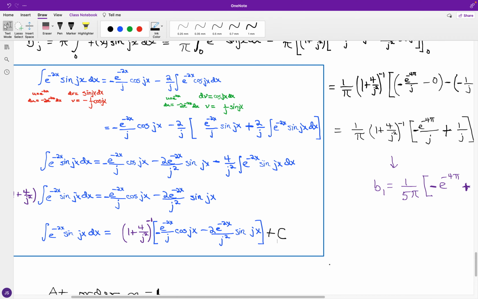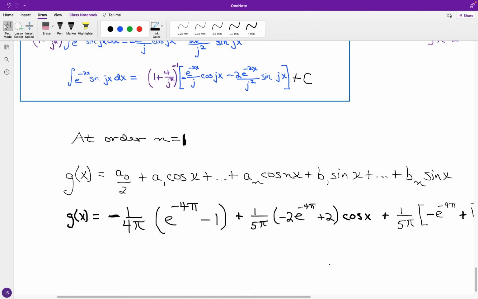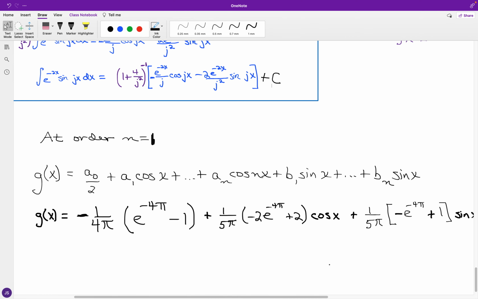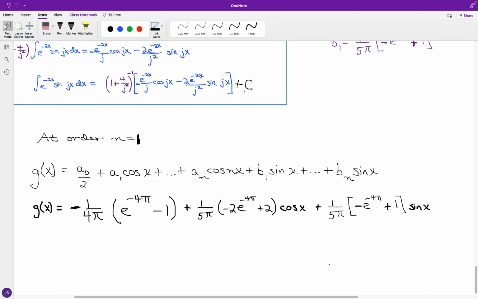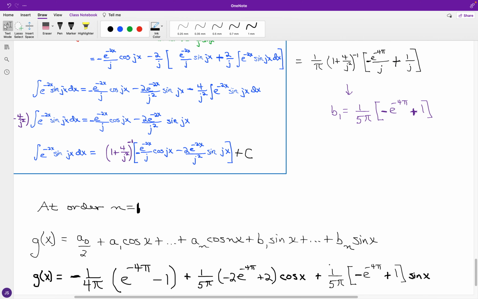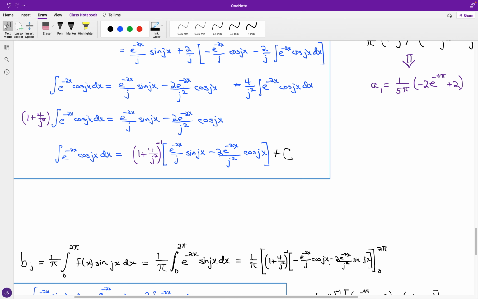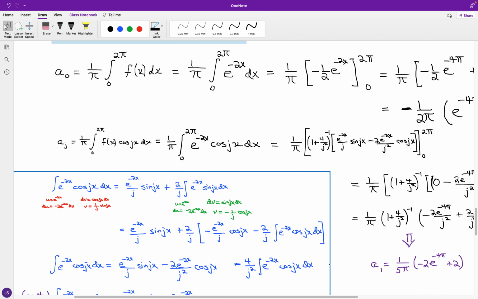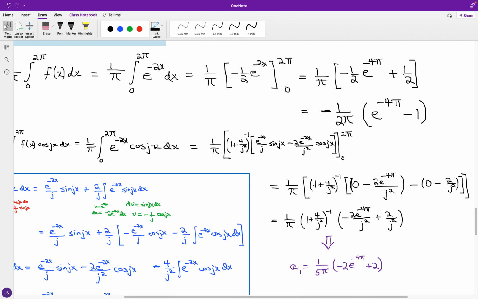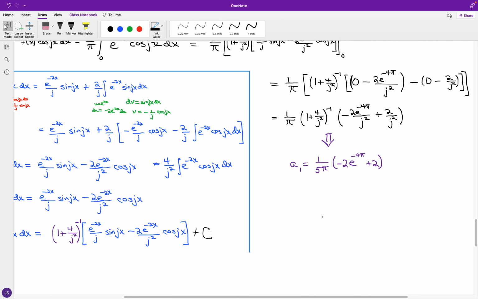And going back to what we have in the case of the layout here. For g of x, filling in, again, we had a naught, in this particular case equal to negative 1 over 2 pi times the quantity of e to the negative 4 pi minus 1.